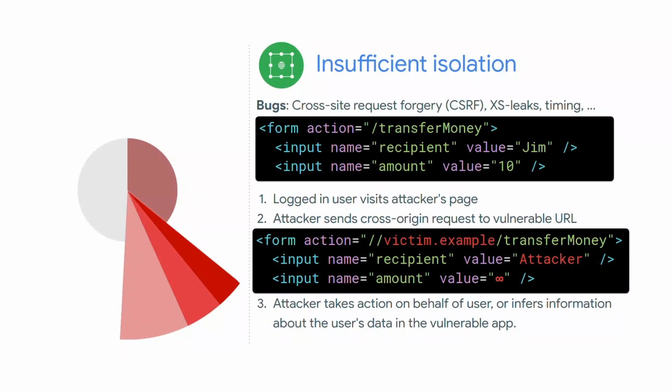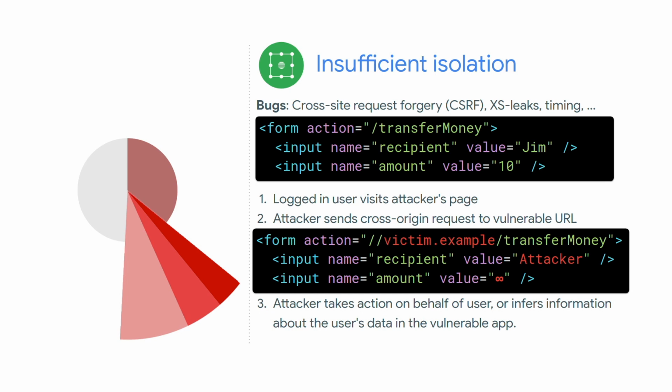As developers, you don't really need to know the details of these attacks, but I'll illustrate one that you might have seen in the past, and that is cross-site request forgery. So if you have a form like the one on the top of this slide, this can be a simple form which I as a user would see and which would let me transfer $10 to my manager Jim.